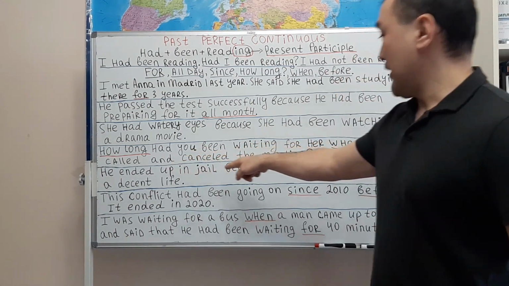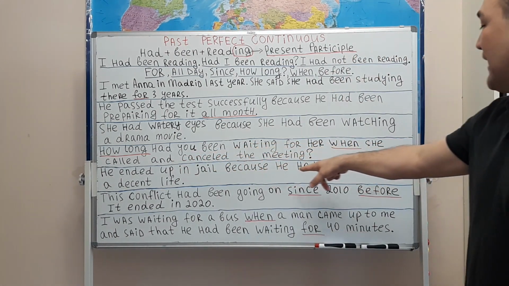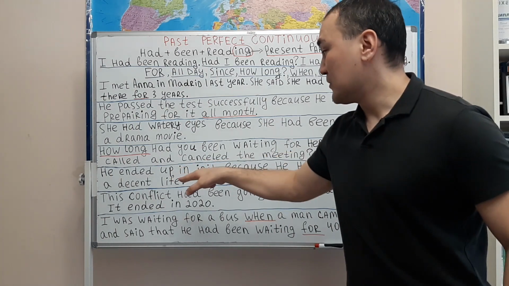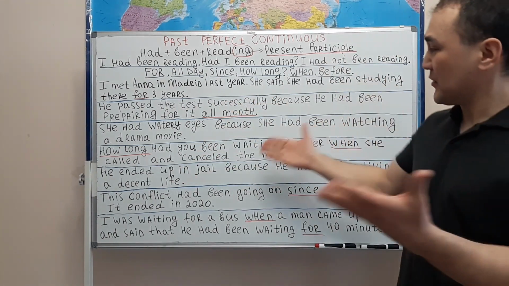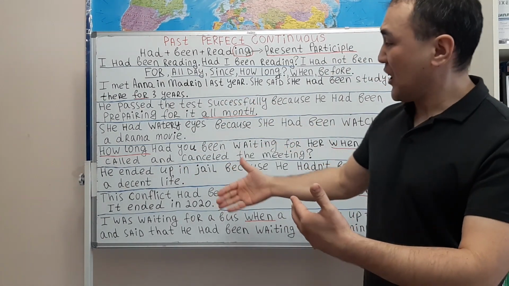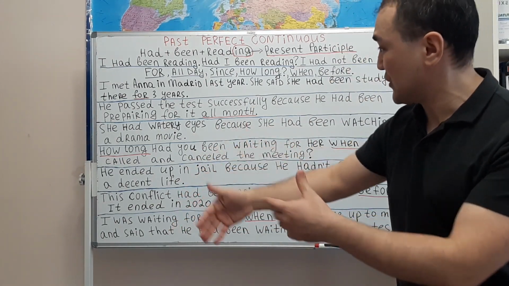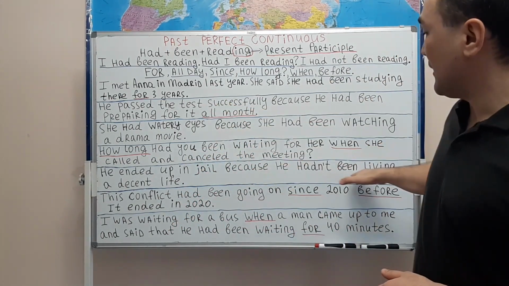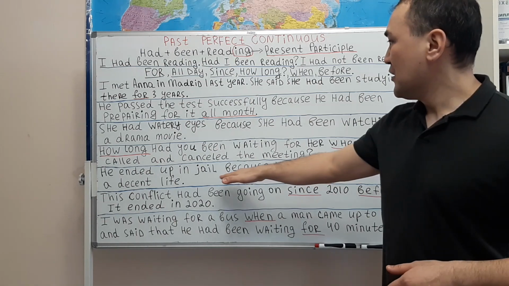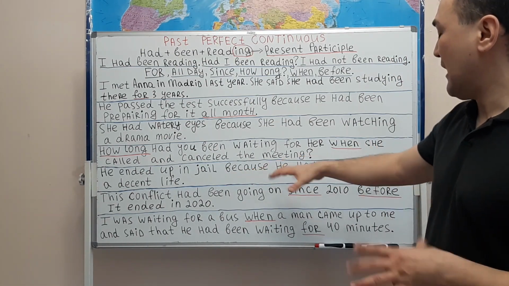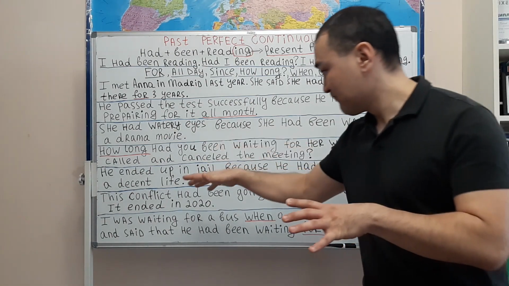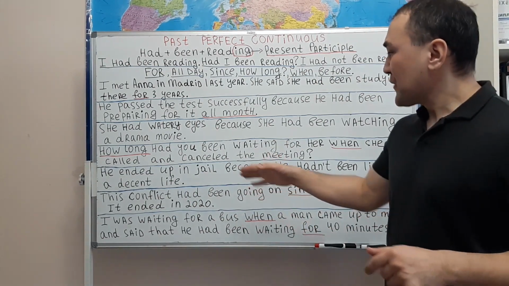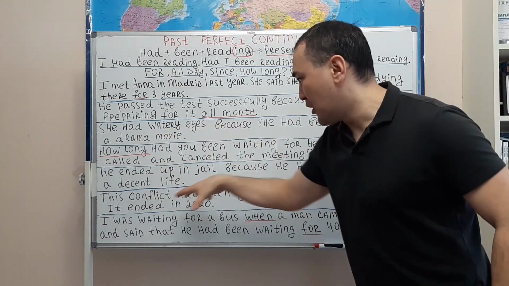He ended up in jail because he hadn't been living a decent life. All right? The same cause and effect relationship. Cause, reason and consequence, reason and result, like here, right? So no duration of time, no how long the action had been going, just the cause and effect. He ended up in jail, that's the result, that's the effect.